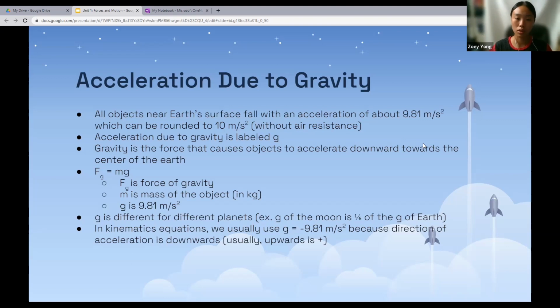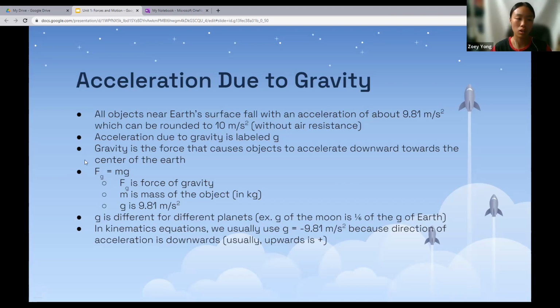Acceleration due to gravity has its own special variable because it's used so much to calculate stuff in physics. It's just labeled g. Gravity is the force that causes objects to accelerate downward towards the center of the Earth. That's what's keeping us on the Earth, and that's what's keeping us from flying into space.